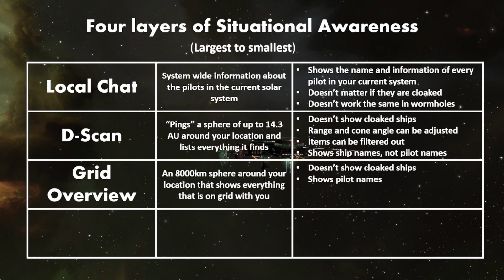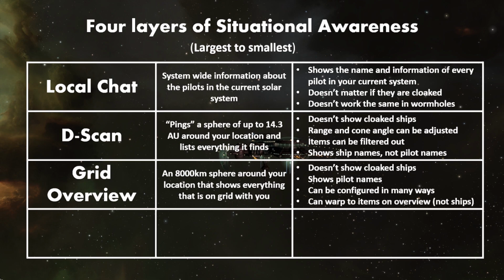However, different to D-scan, it will show you the actual name of the pilot as well as other information. So it differs from the D-scan in that regard. You can configure it in many ways. Now listen, overview is probably an hour's long video just on its own. So we'll do some more on that later, but just be aware of the basics for now.